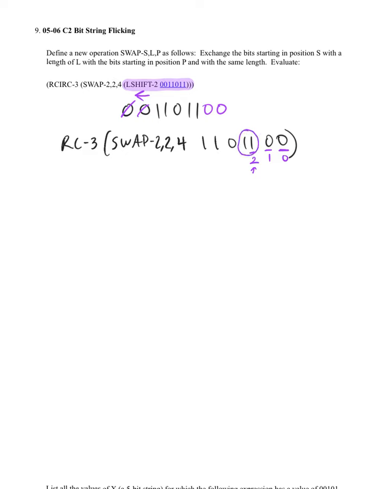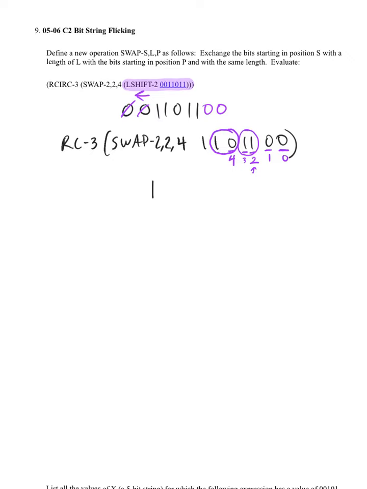So that's this. Next, we are going to swap that with what's at position 4. So this is 3, and this is 4. And then at 4, we are also taking a group of 2. So that's these 2.